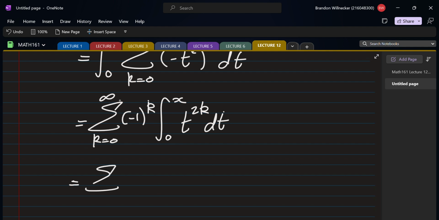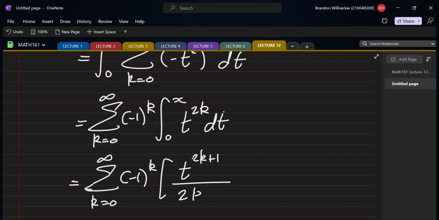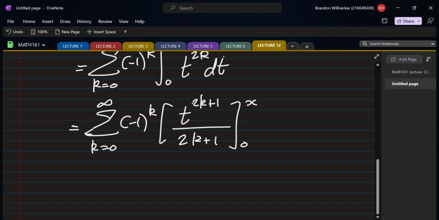Then we can have the sum from k equals 0 to infinity, minus 1 to the k. Here we can write this as t to the 2k plus 1 over 2k plus 1 from 0 to x. Very similar to what we had before. If we substitute 0, we get 0.